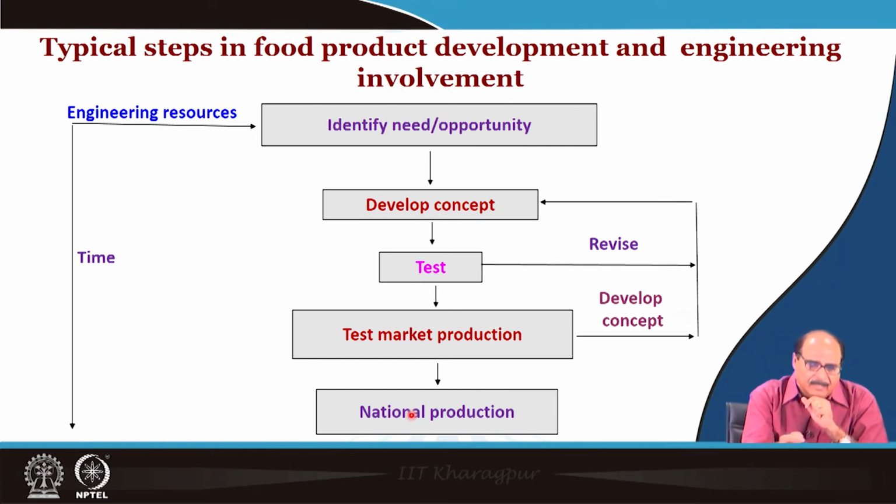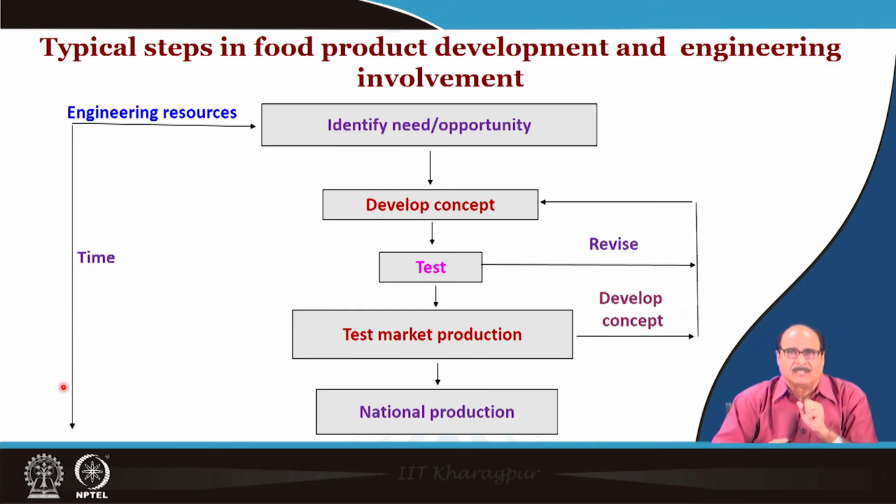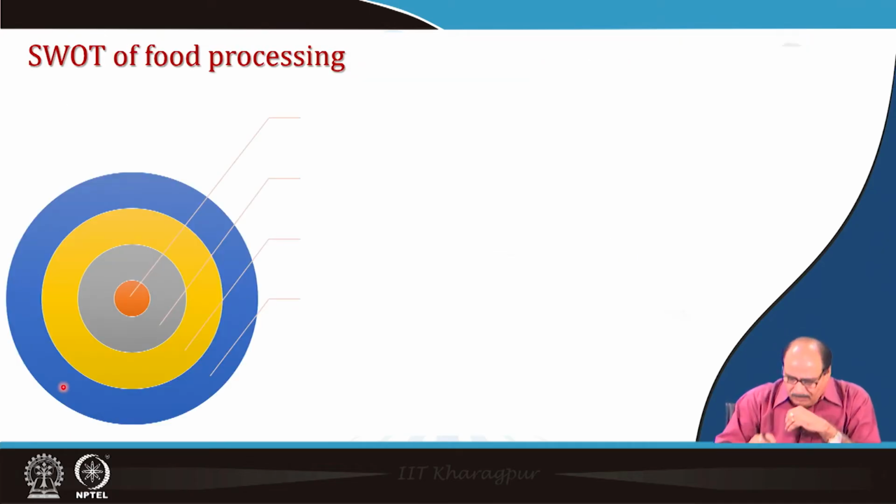But mind you, this timeline should be as short as possible. Otherwise your competitors may bring a similar product into the market. So one has to be careful to do this as quickly as possible.